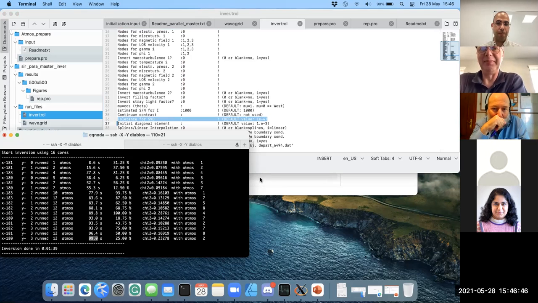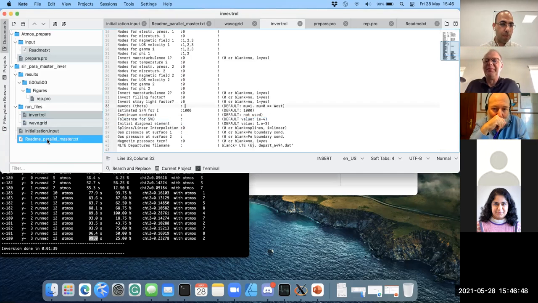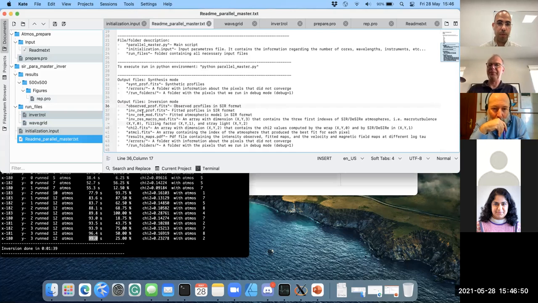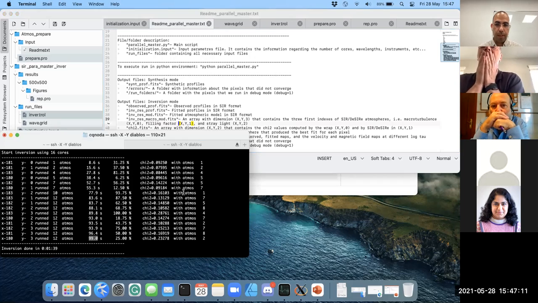Okay. So if you go to the README file, you will see that there are a lot of output files. We will try to go through them. But keep in mind that if you don't know the meaning of some file, you have all the explanation here, and I will try to cover it today, but always keep in mind that you have it here in case you forget or are not sure about something.